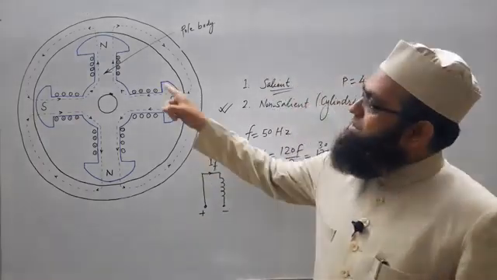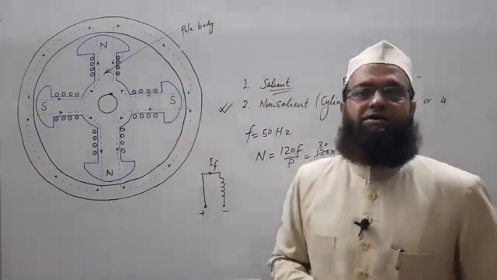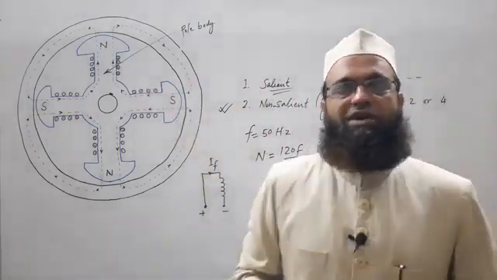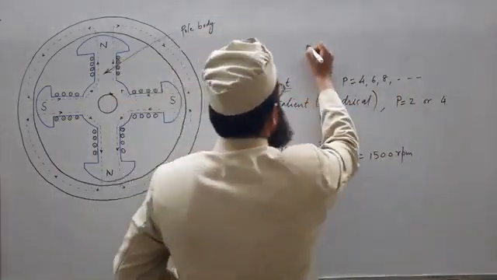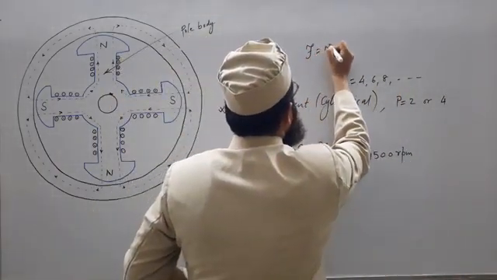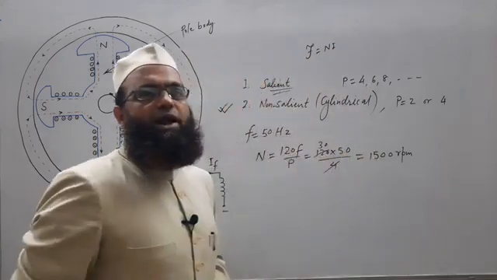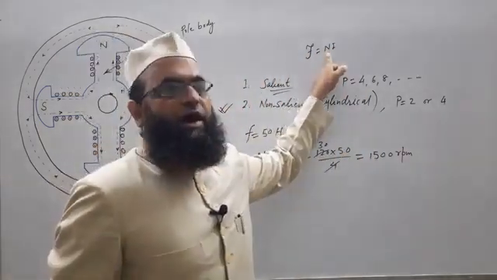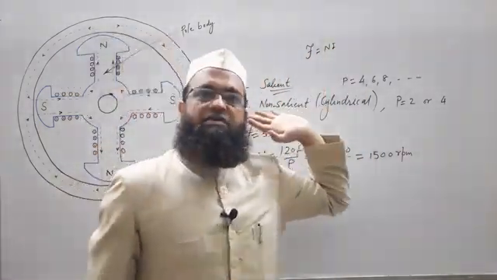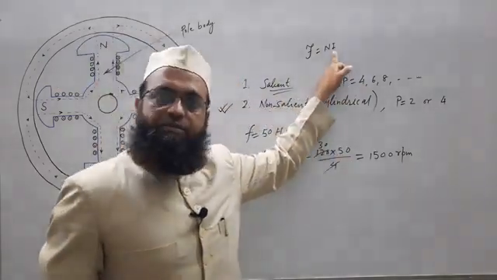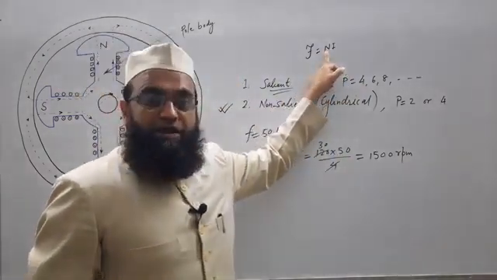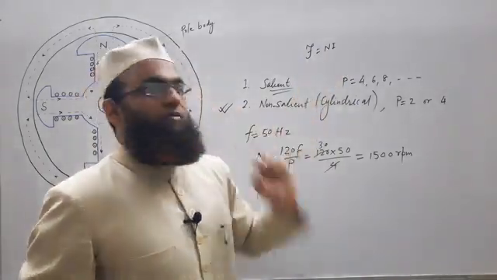But the MMF produced by this field winding, you know what is MMF? MMF is nothing but N into I. If you have one coil of N turns and current is I, here as discussed, I is constant in nature, N is the number of turns, fixed, so MMF will be fixed.